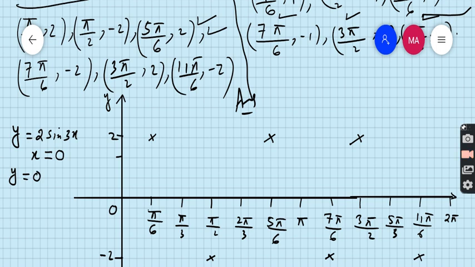So at x equals 0, y equals 0. This is the first point, this is at the origin. And because our graph crosses the x-axis, we need to take values of angle which will give us the values of y equal to 0. Very easy.